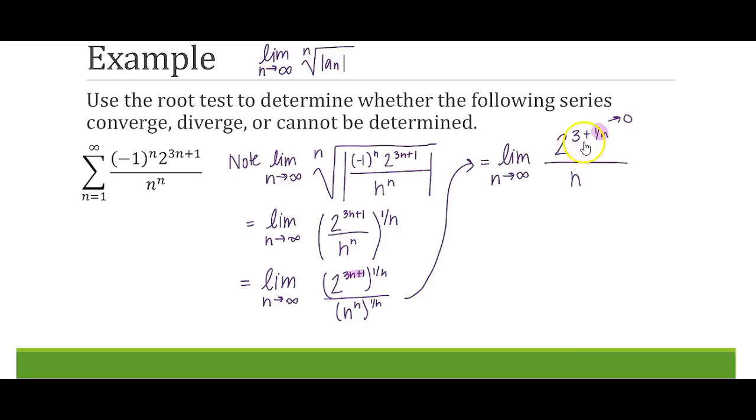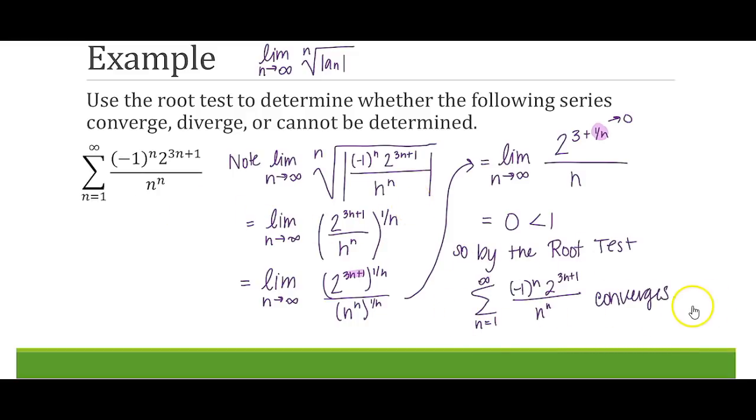So if the top is basically just the number 8 over a really big value, this whole thing is equal to 0, which is less than 1. So the conclusion by the root test is that the original infinite series does converge. And this is the formal statement we would write to tell us that our series converges.